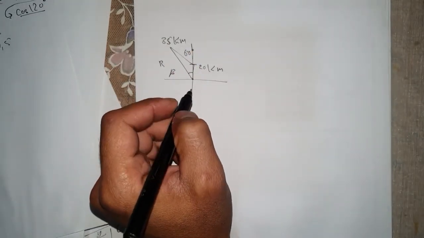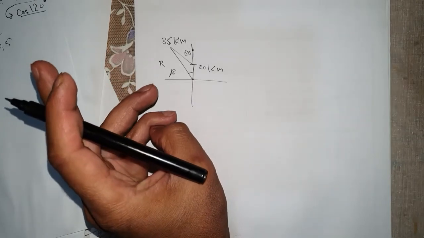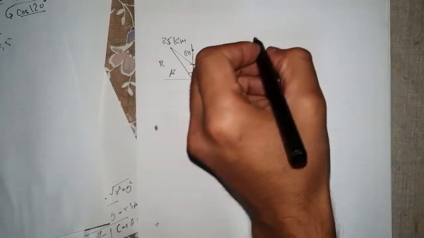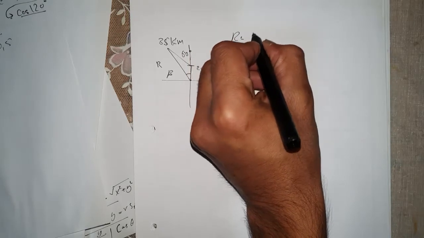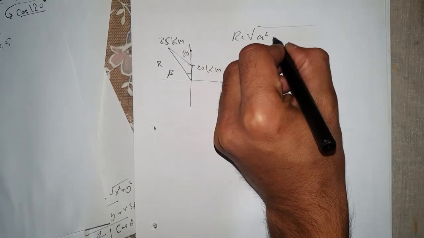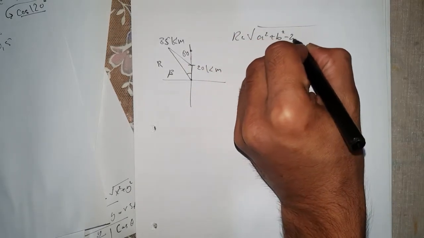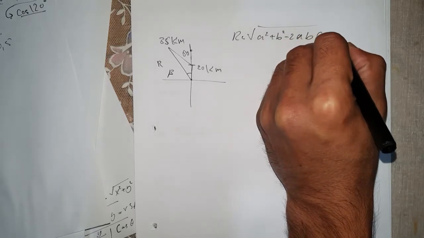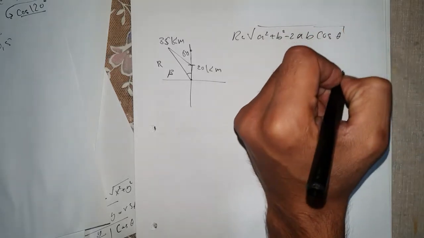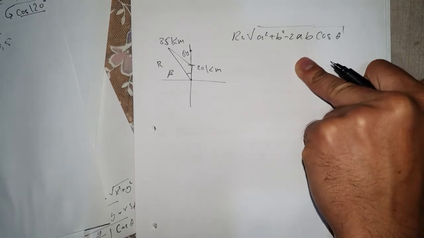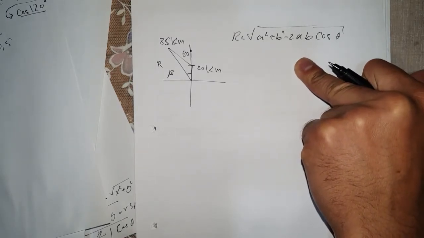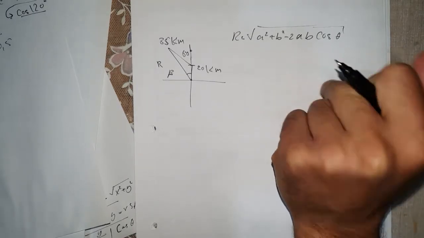To solve it we use the law of sine and the law of cosine. The law of cosine says that the resultant squared is equal to a squared plus b squared minus 2ab cosine of theta. We will use this formula to find the displacement.